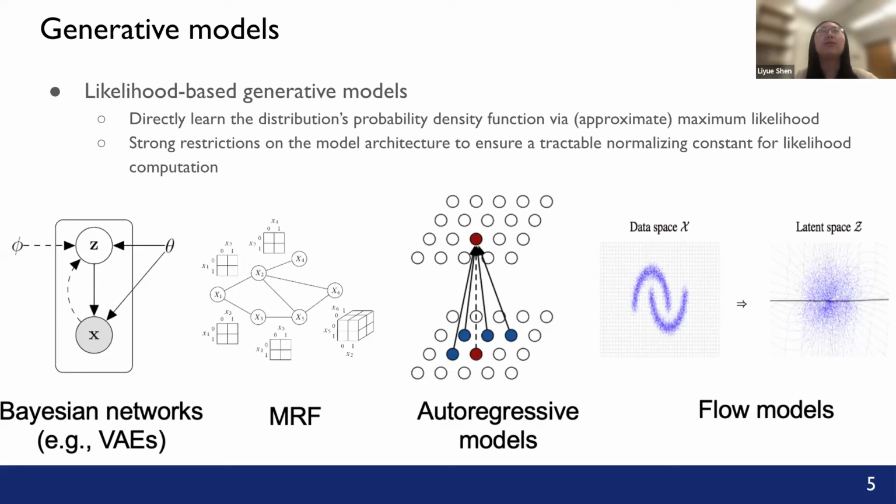They try to directly learn the distributions, the probability density functions, through maximum likelihood. But this also needs carefully designed models so that the normalization constant for the likelihood computation is tractable. There have been years of research along this line to design such generative models to understand the data distribution and enable data generation.